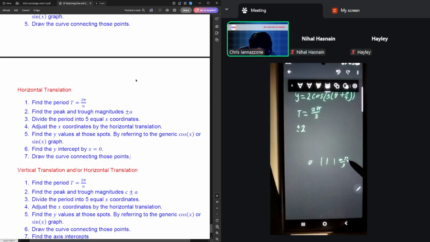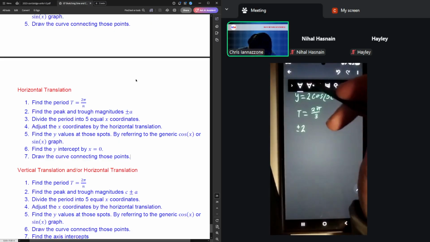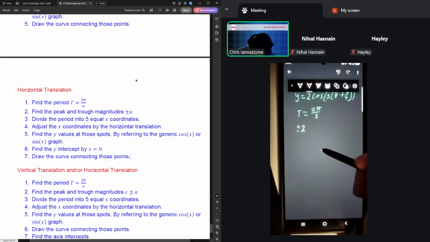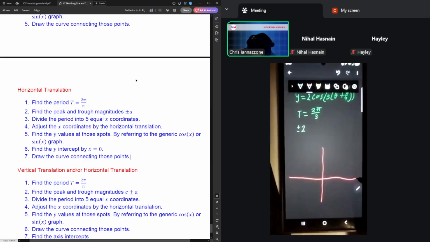So a more efficient way of achieving the exact same result is to start by looking at what your horizontal translation term is, and this becomes your new starting point. So this is a plus pi on 4, which means we are shifting left by pi on 4.